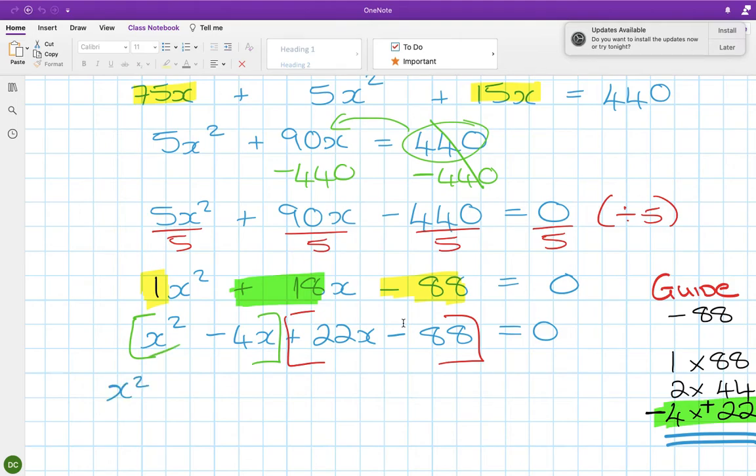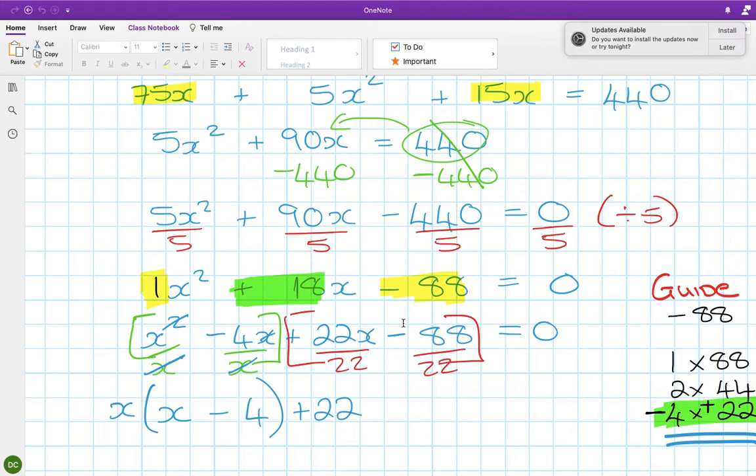So we do the common factor in the first one. The common factor in the first one is x. So I divide this by x. I divide this by x. They cancel, leaving me with x. They cancel, so I've got minus 4. Common factor here is 22, so I divide by 22, divide by 22.